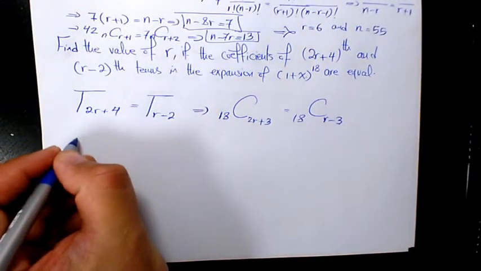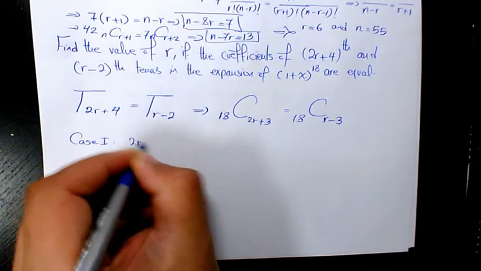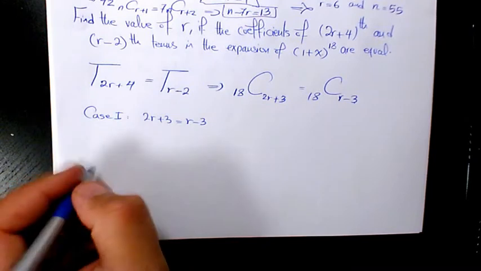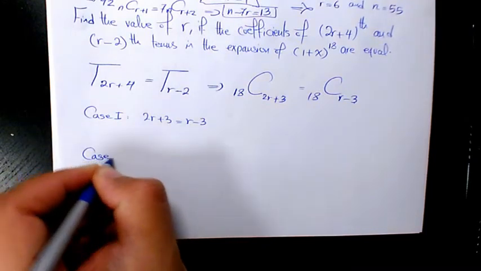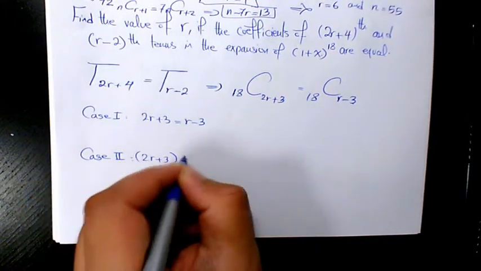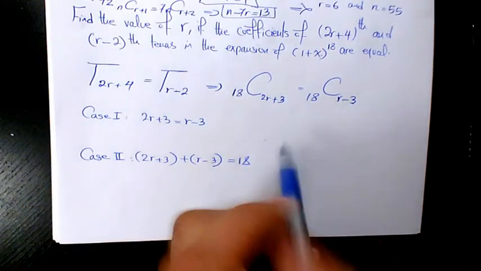So case 1, 2r plus 3 equals r minus 3. Case 2, 2r plus 3 plus r minus 3 equals 18.